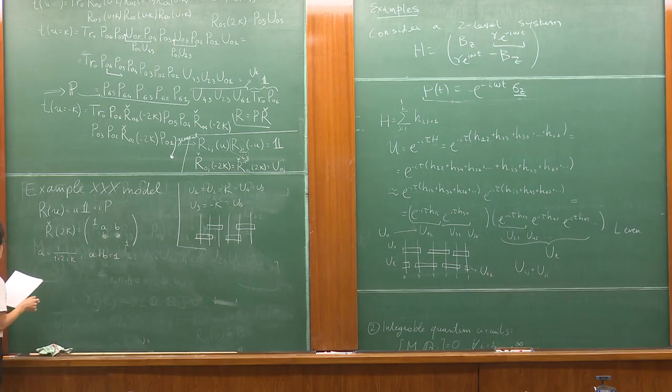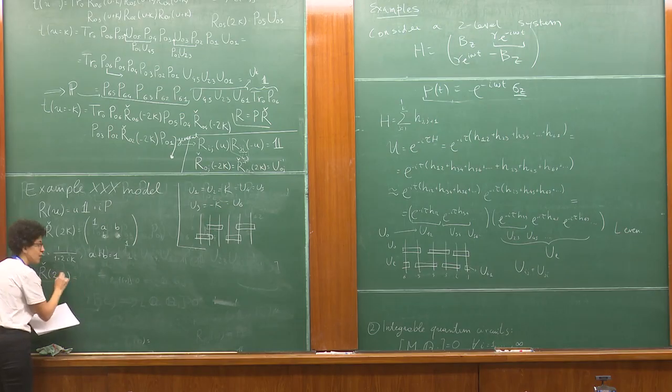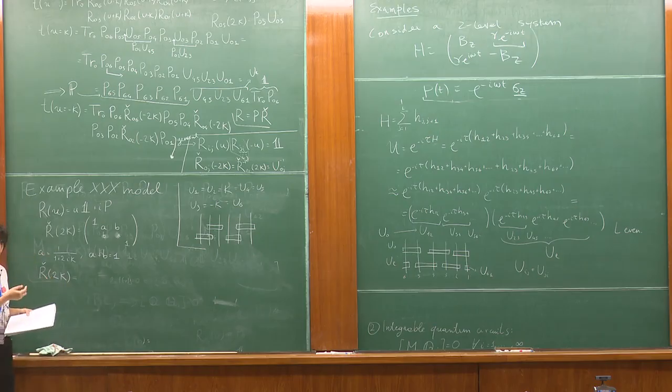Okay, so if I take now this R check of 2 kappa, we can see that if we expand, R at 0 is the permutation, right? So what is R check at 0? It's 1, yes.